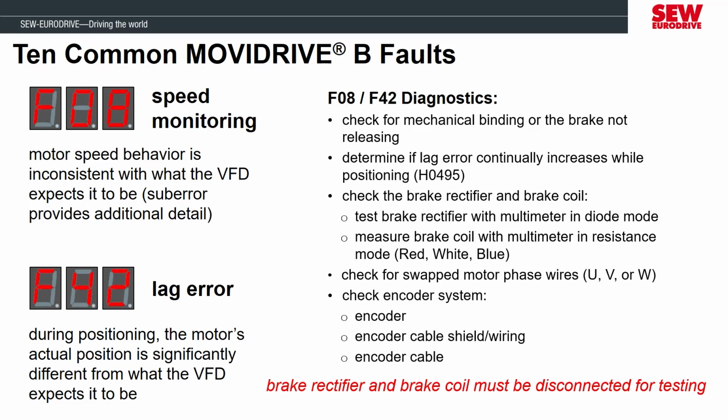So you will need to go back to that session to learn how to check those components. If you do find that the brake coil on the motor is damaged, you must also replace the brake rectifier, since those need to be replaced together. If you don't replace the rectifier, it may cause damage to the new replacement brake.